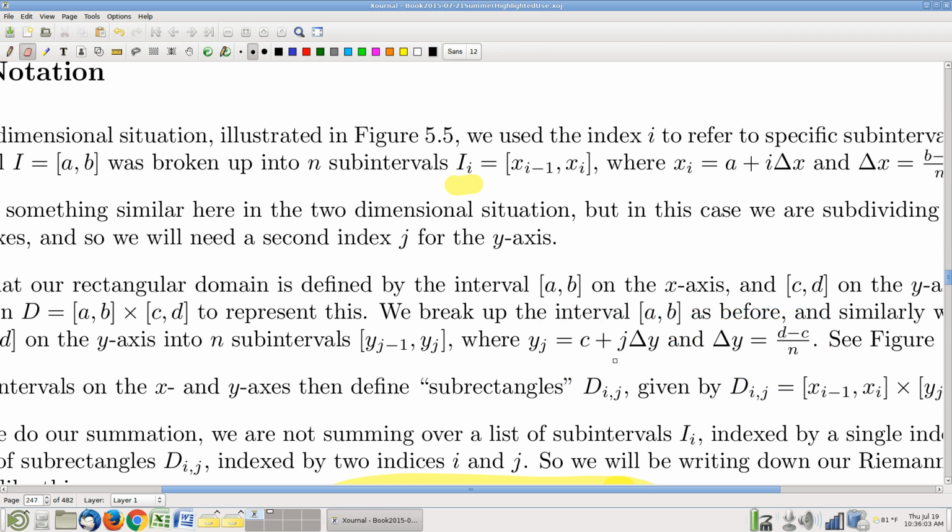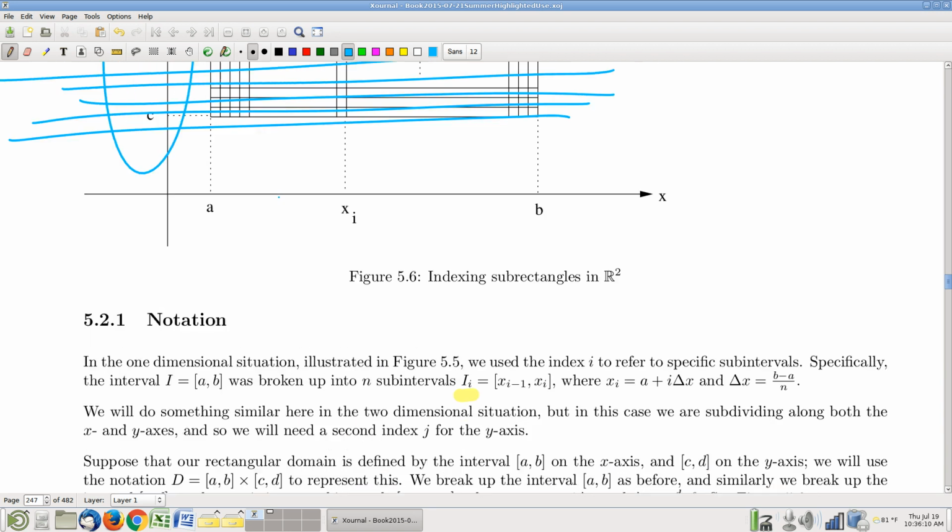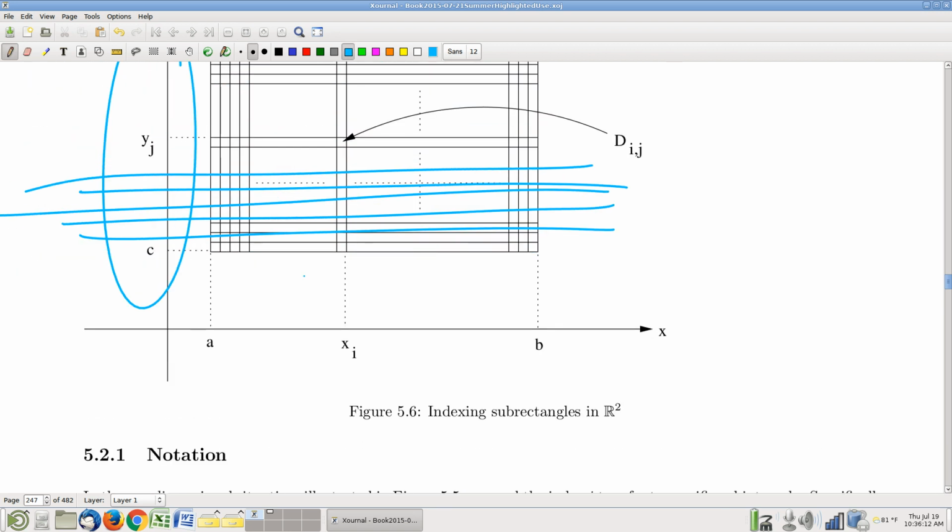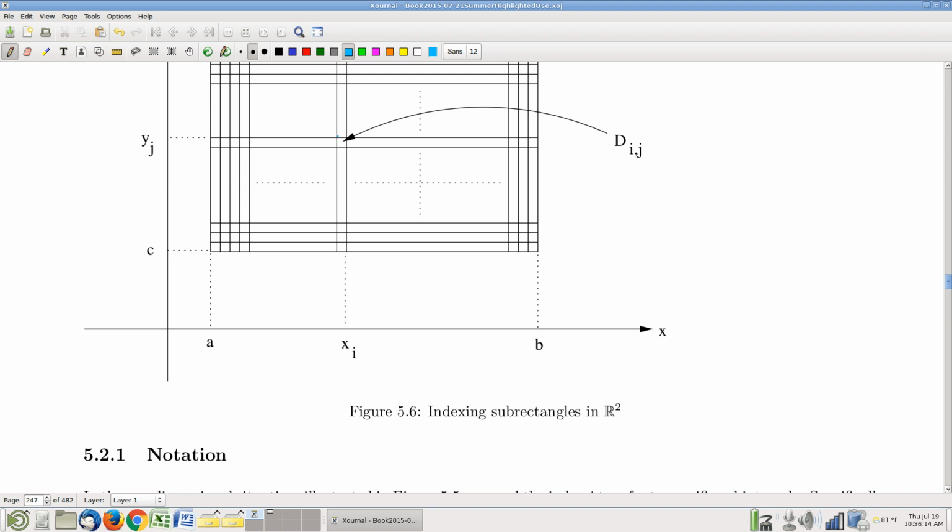All right. So having done that, we can talk about a specific subrectangle, and keep in mind I need to be able to talk about specific individual subrectangles, such as this one. I'm going to call that Dij. It's in what you might call the ith slot over here on the x-axis, and it's in the jth slot over here on the y-axis.